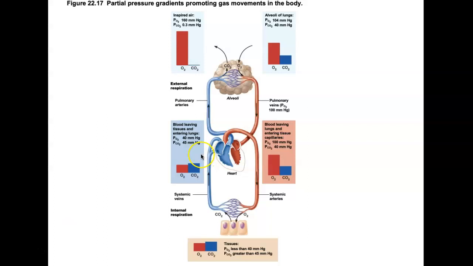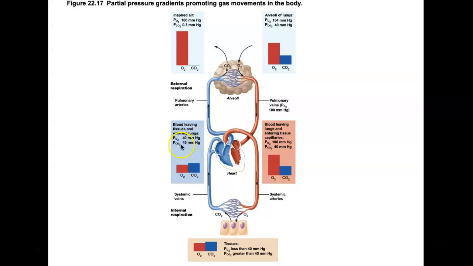Notice that the partial pressure for carbon dioxide is 45 millimeters of mercury as it enters the lungs, and the partial pressure of carbon dioxide in the alveoli is 40 millimeters of mercury. Therefore, diffusion goes from high to low concentration.